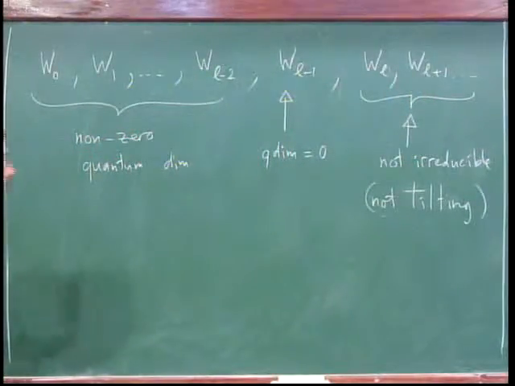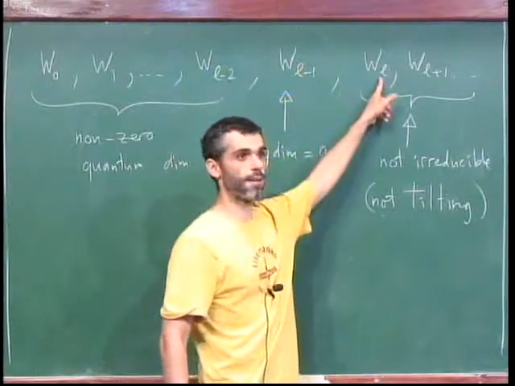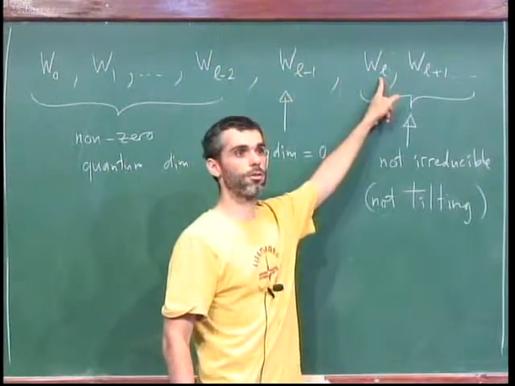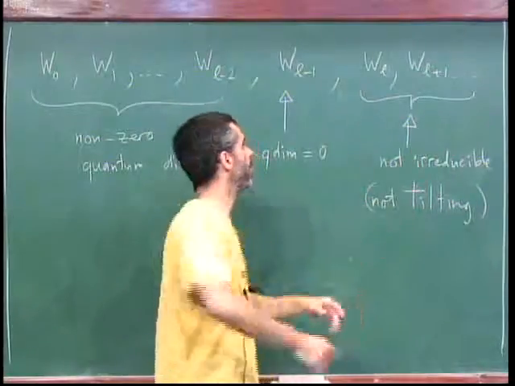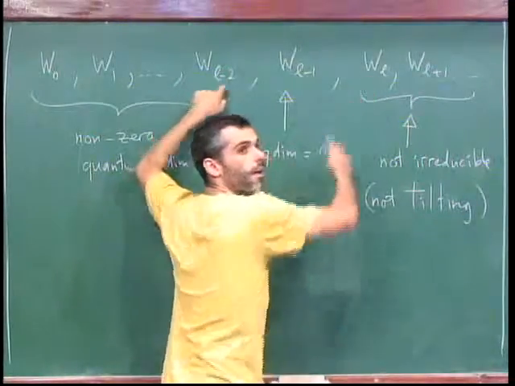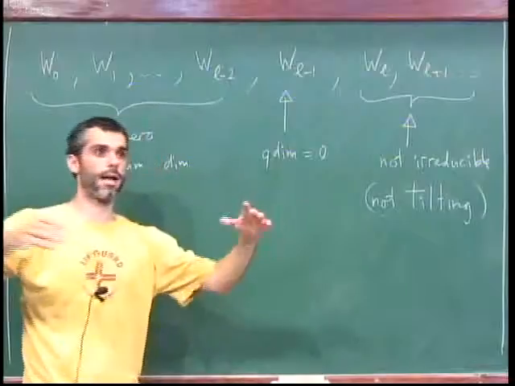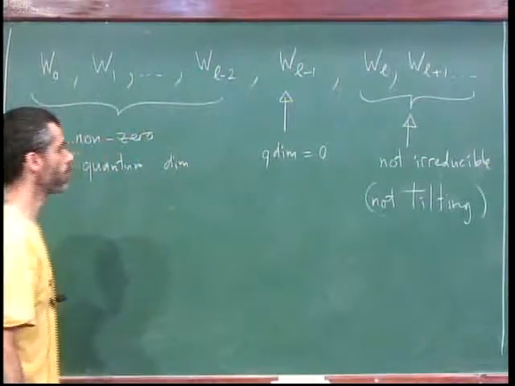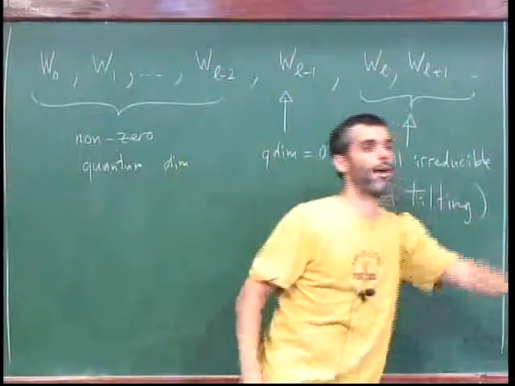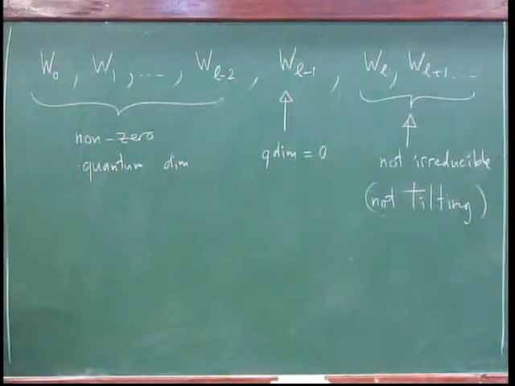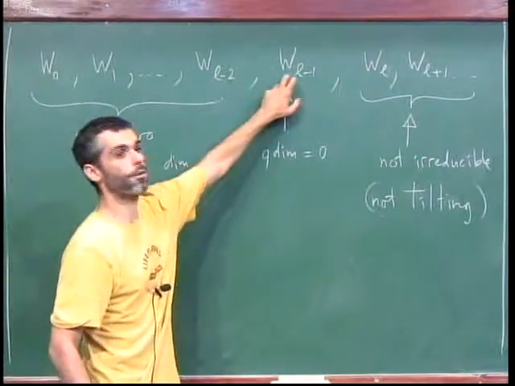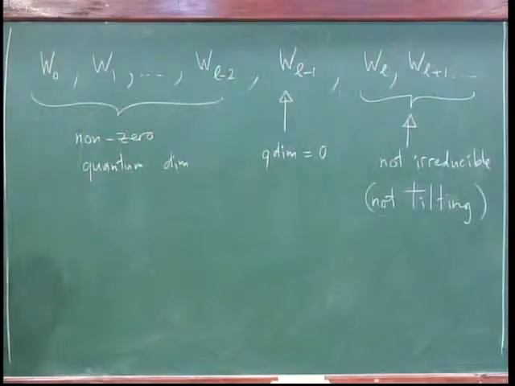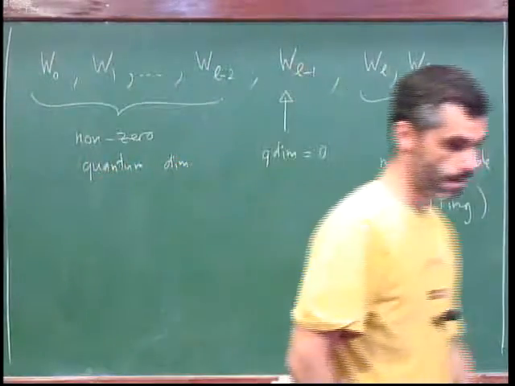If you look at the tilting module that has this as highest weight, that tilting module is going to have embedded into it also a copy of this guy. And if you compute the quantum dimension of that big tilting module, you will get 0. So all these, starting from there on, have quantum dimension 0. Except that the computation that I'm about to do only shows it for this one. So that's the SL2 story. Now I want to do the general story.